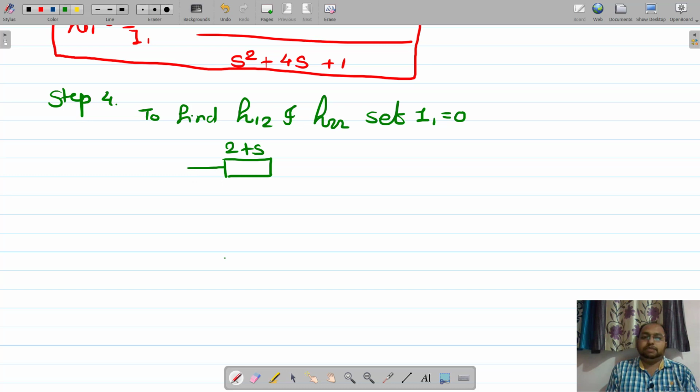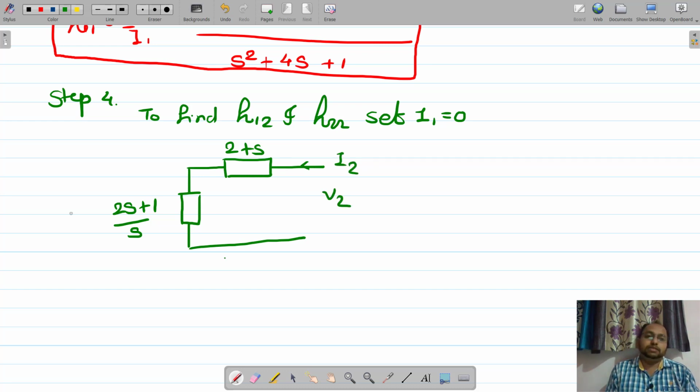And this is 2s plus 1 divided by s, right? This is the only circuit, with I2, V2, and this is the drop across that particular resistor, and that is your V1.